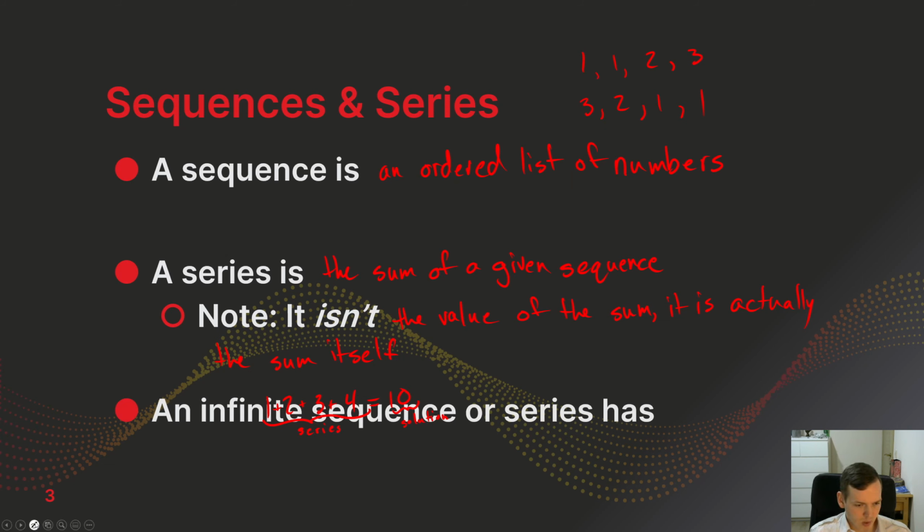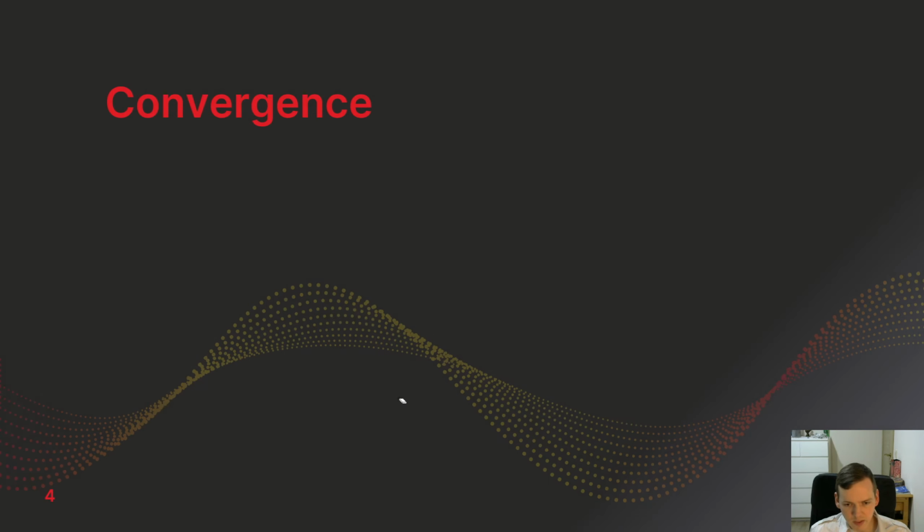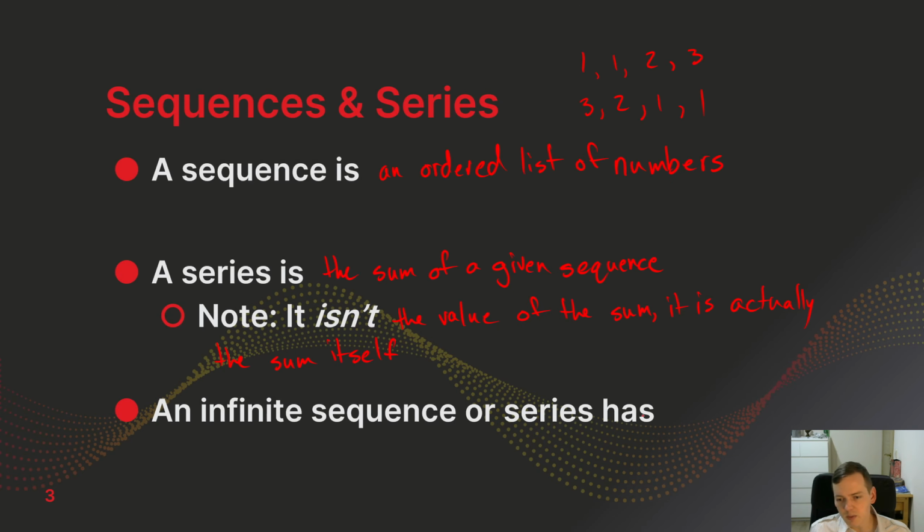And I've written over my next line, so let me erase that. And then an infinite sequence or series has, as you might have guessed, infinite terms. So if I add 1 plus 1 plus 1 plus 1 plus 1 an infinite number of times, that would be an infinite series. If I just wrote a list of an infinite number of numbers, that would be an infinite sequence.